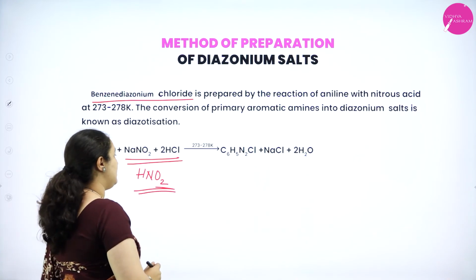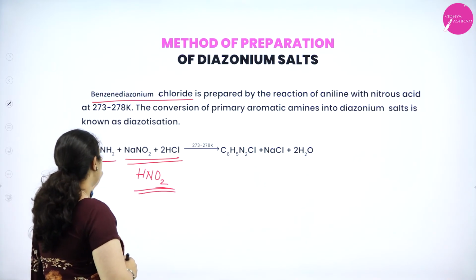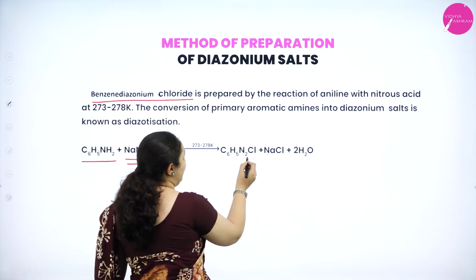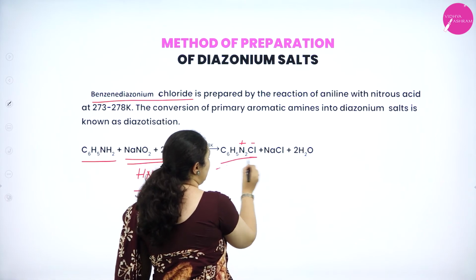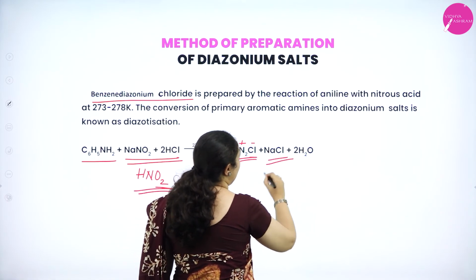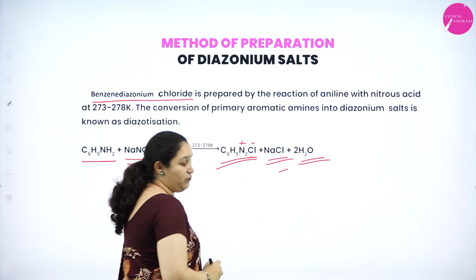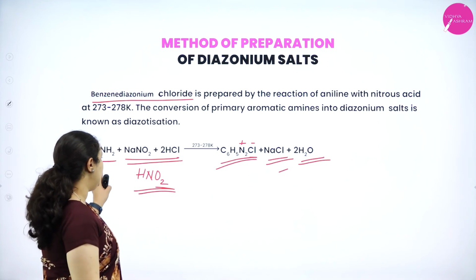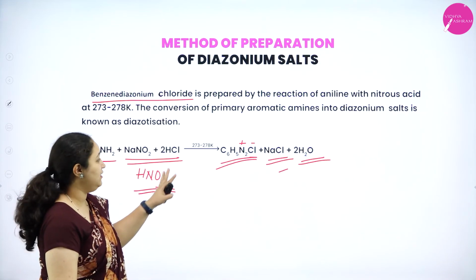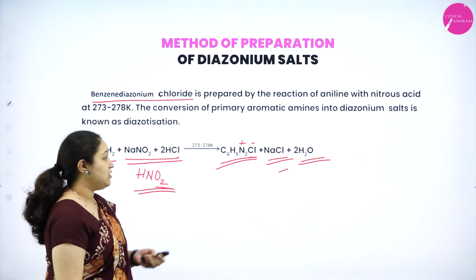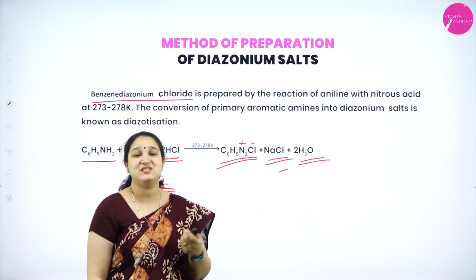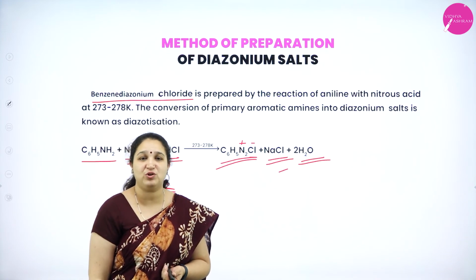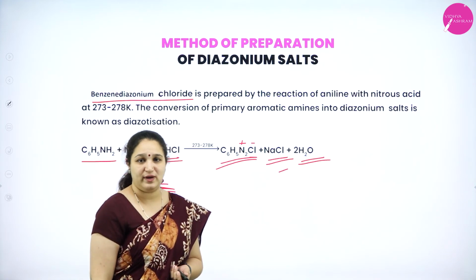At 0 degrees Celsius you will get C6H5N2Cl, which you can write as N2 plus Cl minus, that is, benzene diazonium chloride, along with NaCl and water. So you take aniline and treat it with nitrous acid at 0 degrees Celsius to form benzene diazonium chloride salt. This is one method of preparation of benzene diazonium chloride.